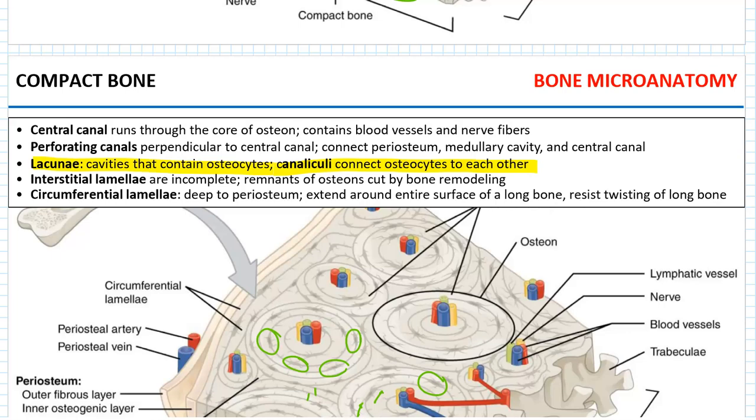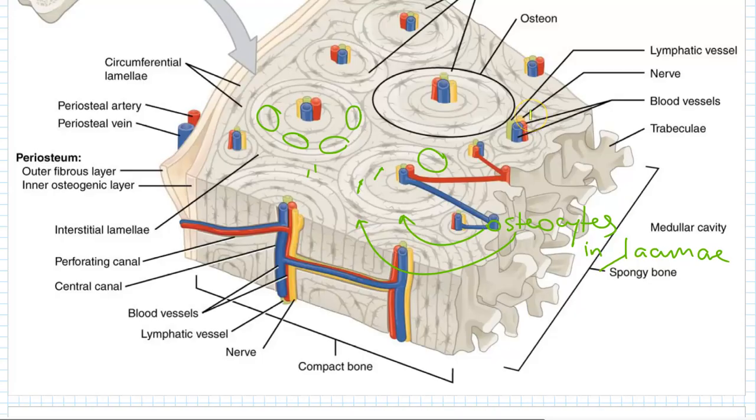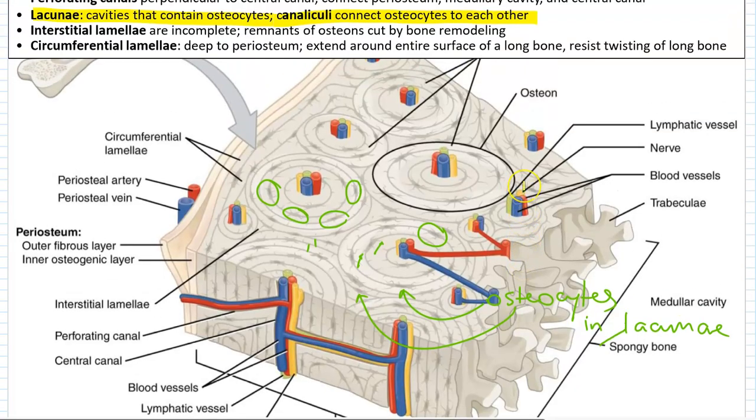Now, in addition to these concentric lamellae, you may notice something else. First of all, you may notice interstitial lamellae. Those are leftovers from bone remodeling. Your bones are constantly destroyed and rebuilt back.